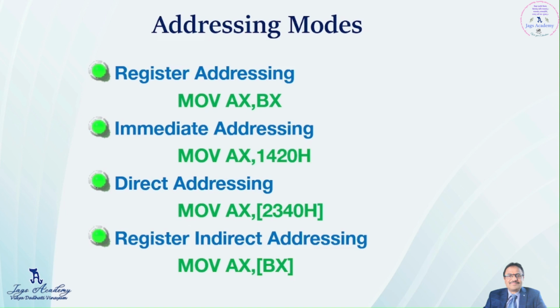But where is the address? It is in the BX register. This is called indirect addressing mode. These are the ways we write the program. More about this can be learned using programming examples. Whenever I take programming examples, I will tell you how to use these addressing modes. Right? These 4 are not the only addressing modes used.